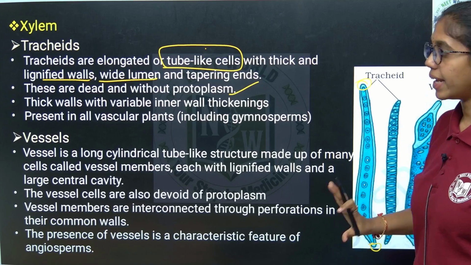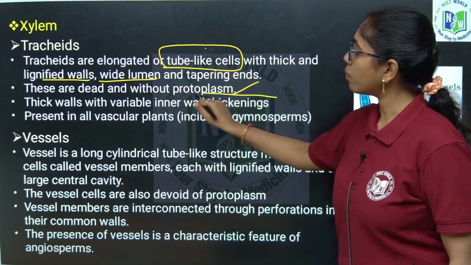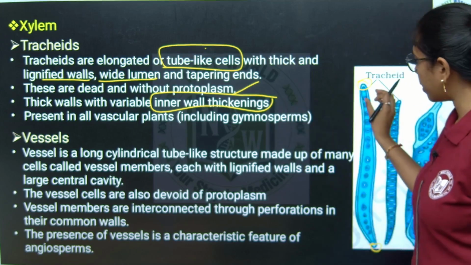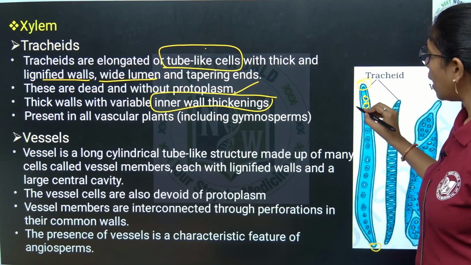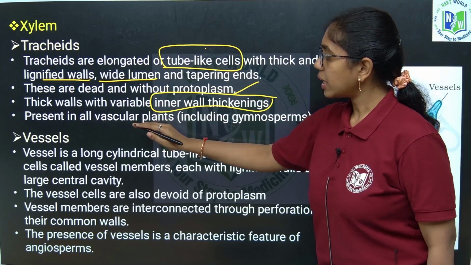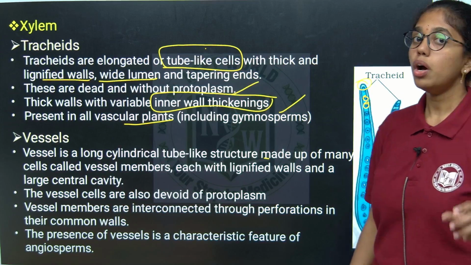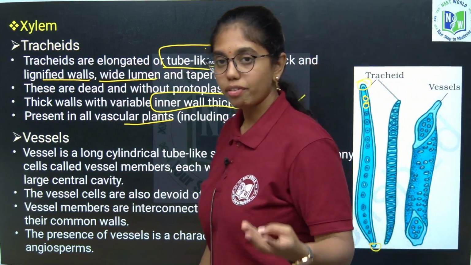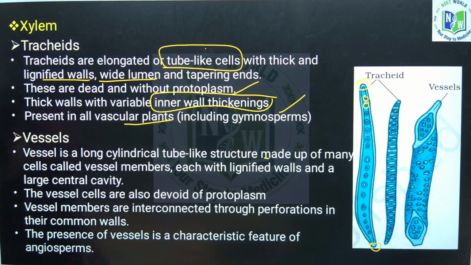They have thick walls with variable inner wall thickenings, and they have pits. They are present in all the vascular plants including gymnosperms. So tracheids are present in pteridophytes, gymnosperms and angiosperms. Clear? This is all about tracheids.